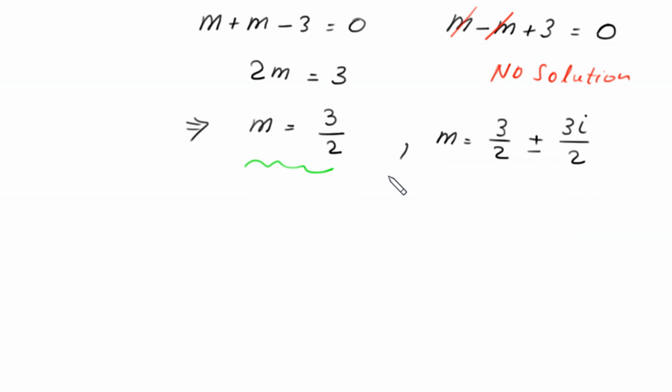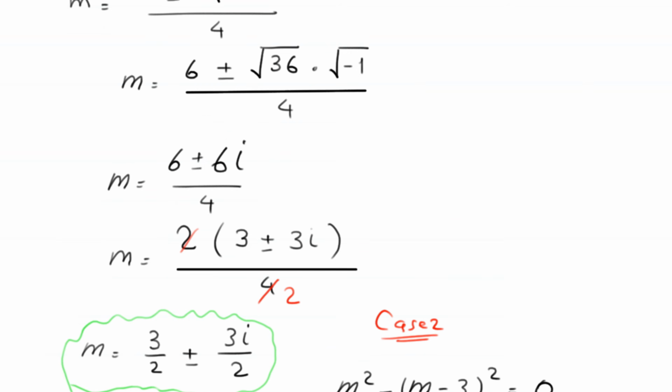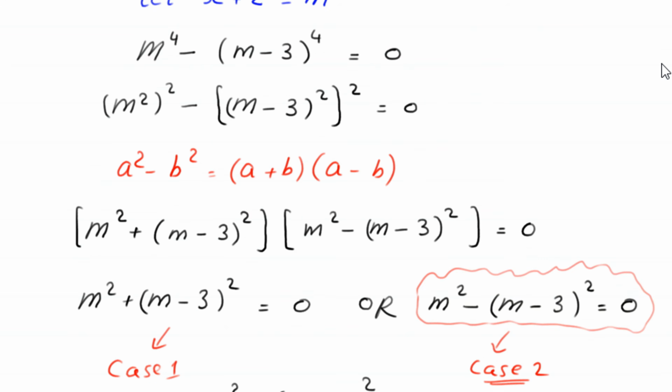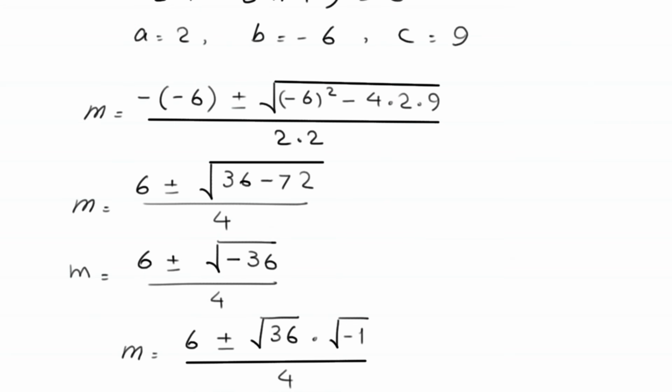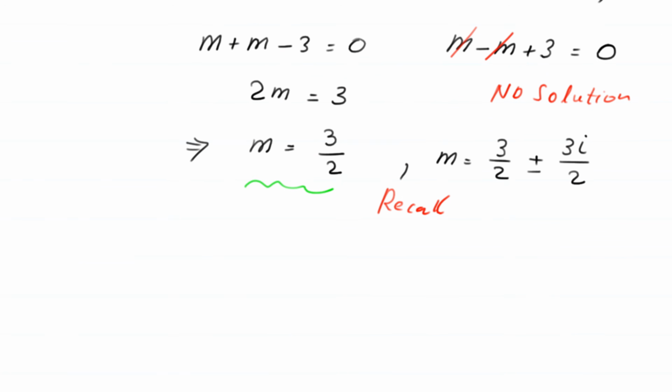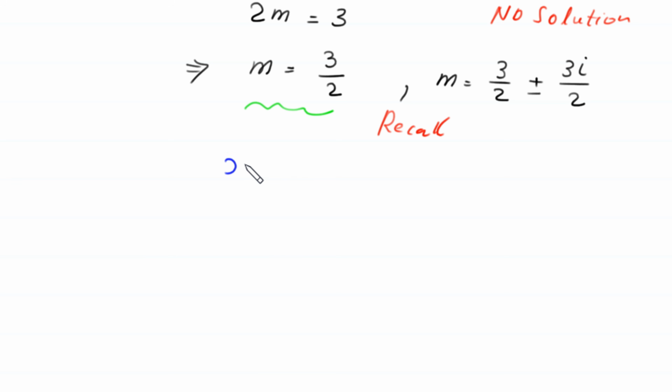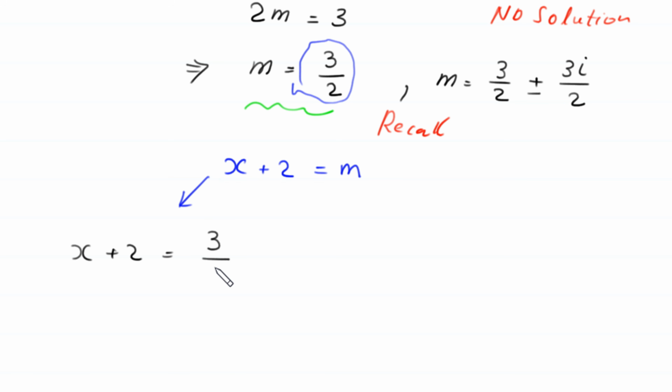Now to find the values of x, recall that we have supposed that x plus 2 is equal to m. So when m is equal to 3/2, then this equation will become x plus 2 is equal to 3/2.